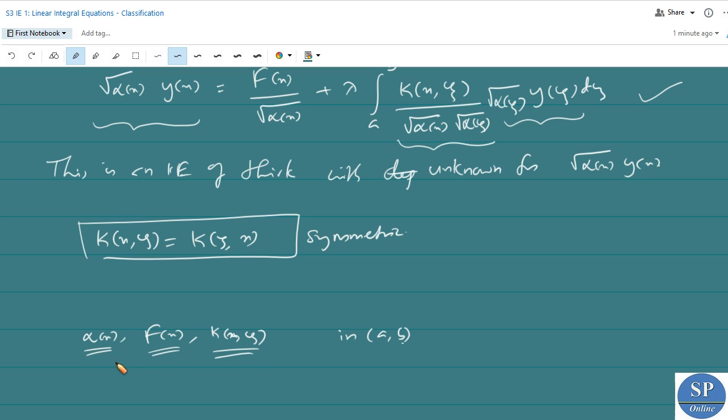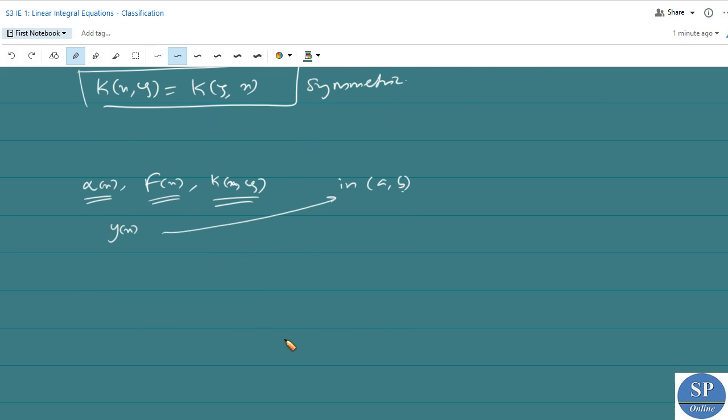We usually consider the kernel k of x zeta continuous in the interval AB, and our solution, or our unknown function y of x, is required to be a continuous function in AB.